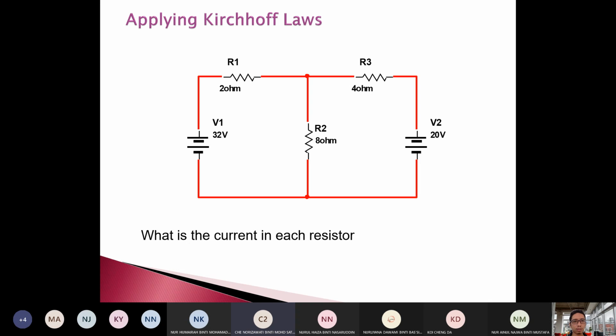So anyone that doesn't get that answer, you can let me know if you have any problem obtaining the value of I1 and I3. If everyone is okay, then I move to the next problem.